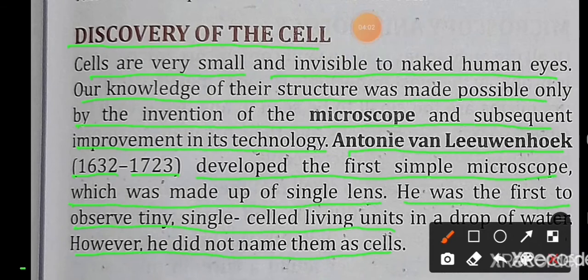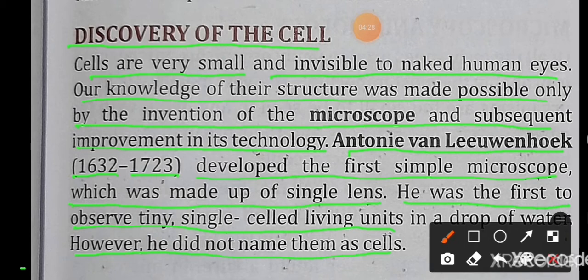Cells are very small and invisible to our naked eye. The discovery of the microscope and subsequent improvements in its technology made it possible to see their structure and study them. Antony van Leeuwenhoek, whose life period is 1632 to 1723, developed the first simple microscope.